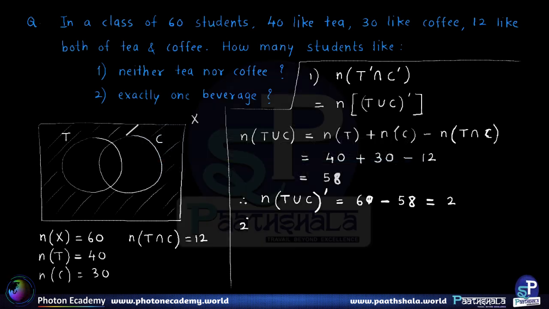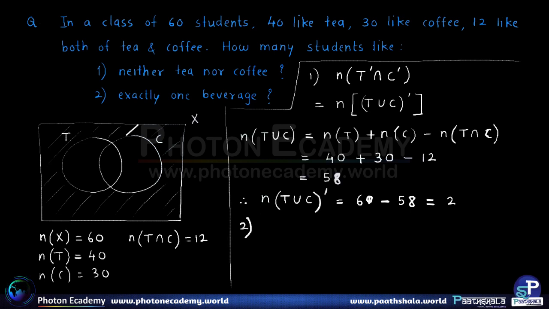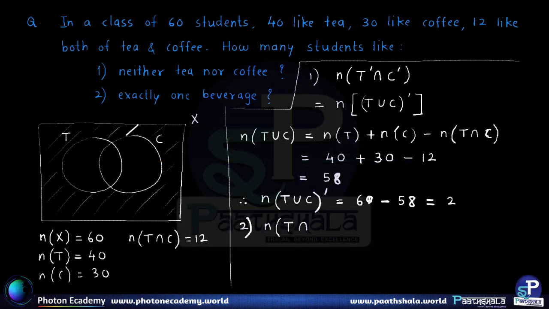Now let us calculate the second question, that is number of students who like exactly one beverage. Now what does this mean? Exactly one means they like tea but not coffee, or they like coffee but not tea. So that means if we denote it once again by symbols, it's n of T intersection C complement.